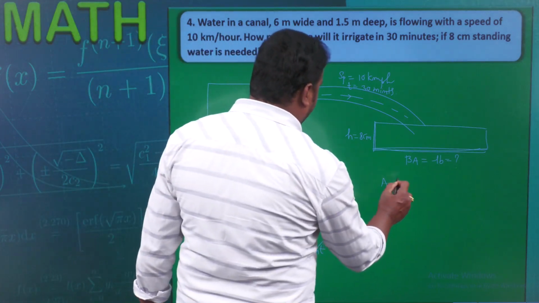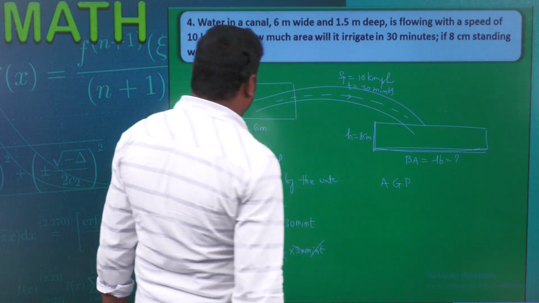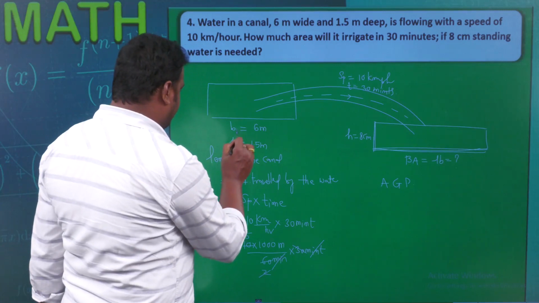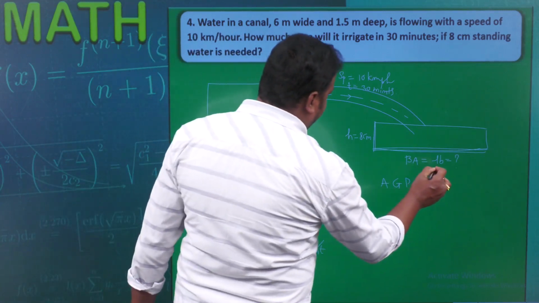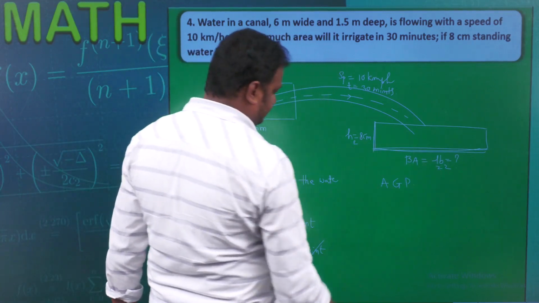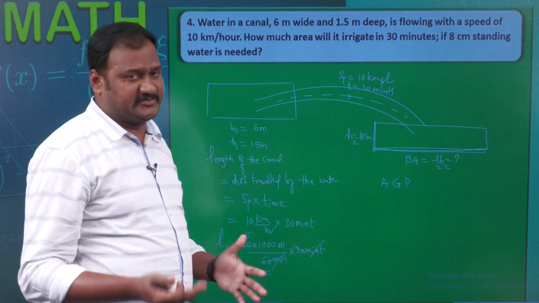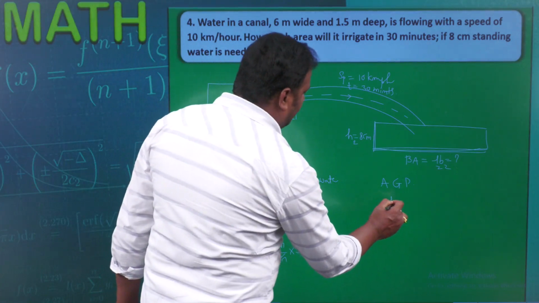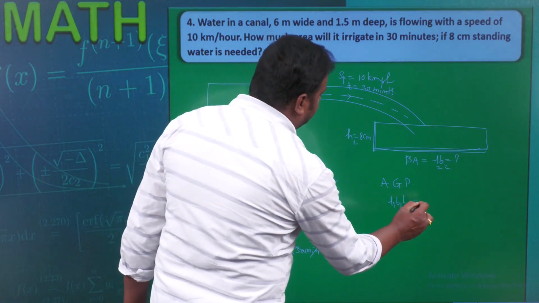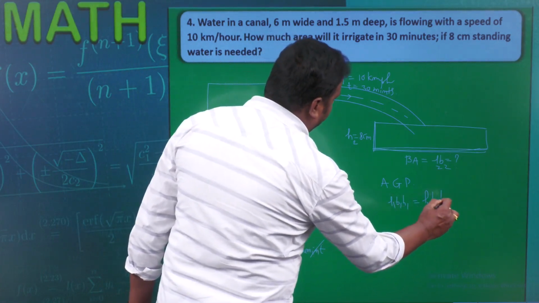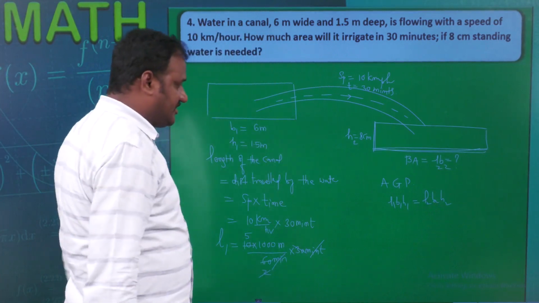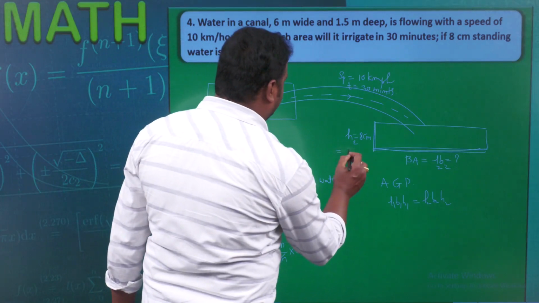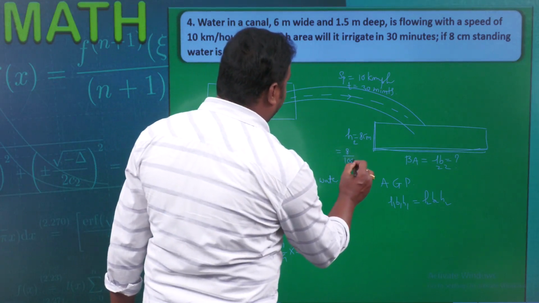Therefore, according to the given problem, let us use L1, B1, H1 and here L2, B2, H2, just to show the difference between both of them. So here L1 B1 H1 is equal to L2 B2 H2. Substitute the values. 8 centimeters again should be converted into meters, which is 8 by 100, since 1 centimeter equals 1 by 100 meters.